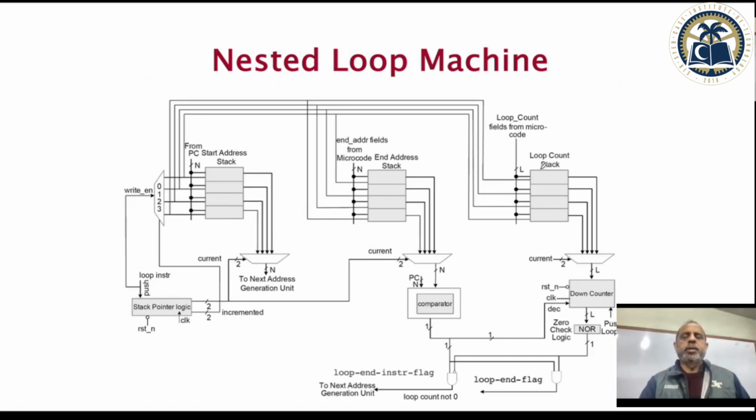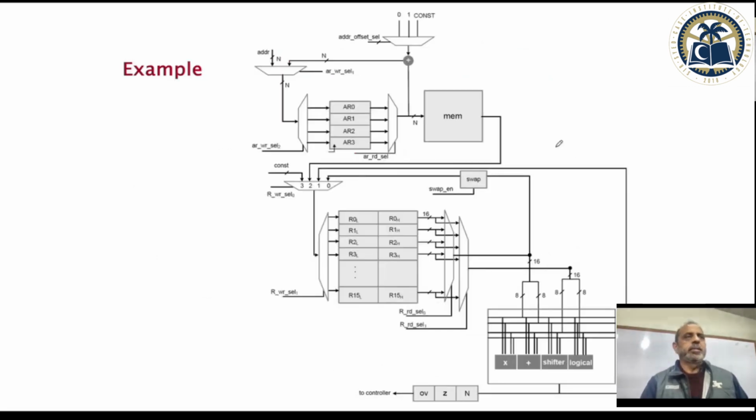So you may now have an architecture with an instruction set which can support nested subroutine calls and nested loops. All this is possible. You have a processor which has an ALU, a register file, a memory, and you can have a complete drawing at the architectural level.